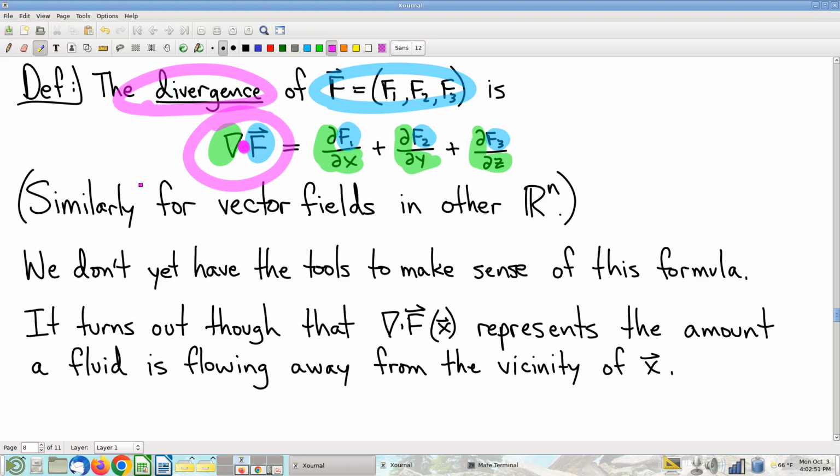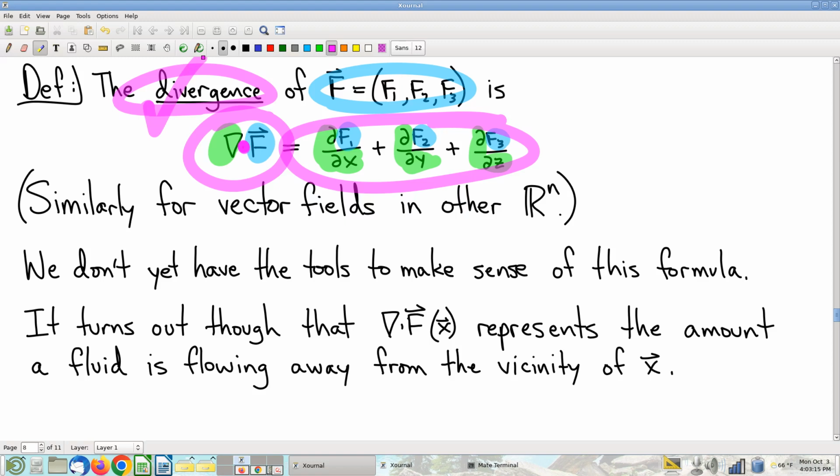And of course, the way you take a dot product is, well, it's this, right? If you were to pretend for the moment that del is a vector, and then do the dot, whatever that means, to this thing that we're pretending is a vector, this is what you'd get. And this is exactly the formula for divergence that is going to turn out to be a very natural, useful thing.